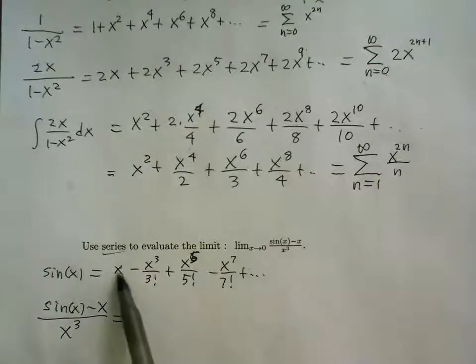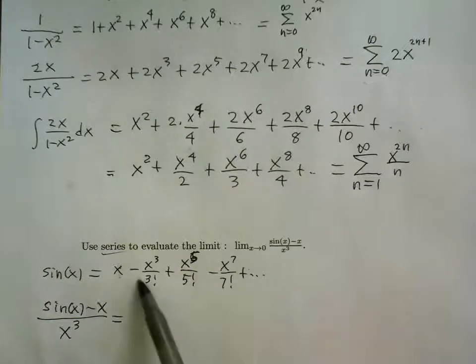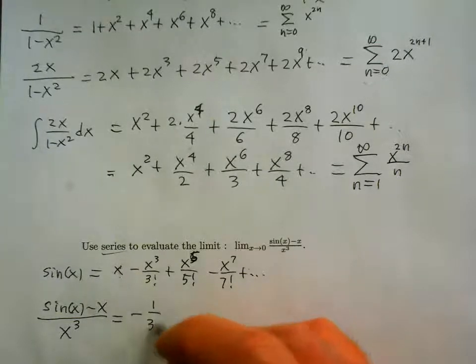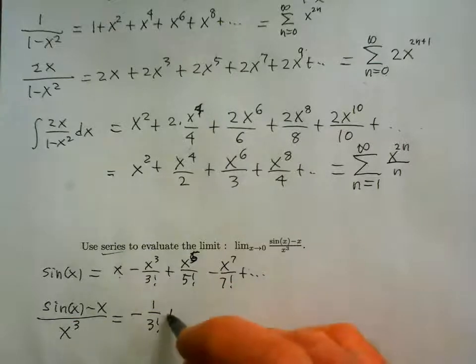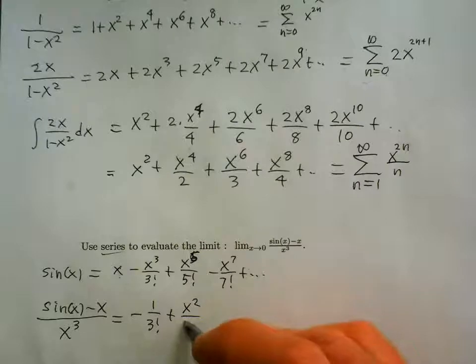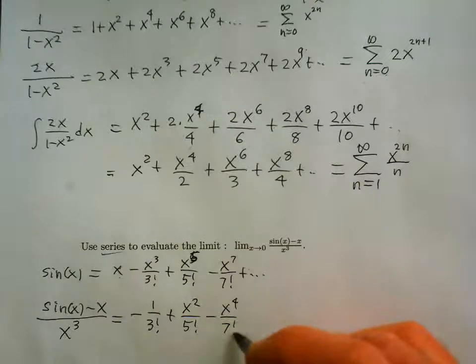Okay, so this x is gone because we subtracted x, and then we divide each of those terms by x to the third. So this one becomes negative 1 over 3 factorial, and then plus x squared over 5 factorial minus x to the 4th over 7 factorial, and so on.